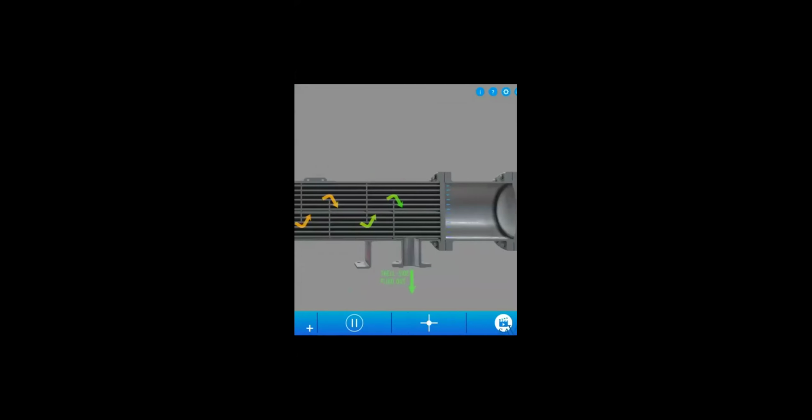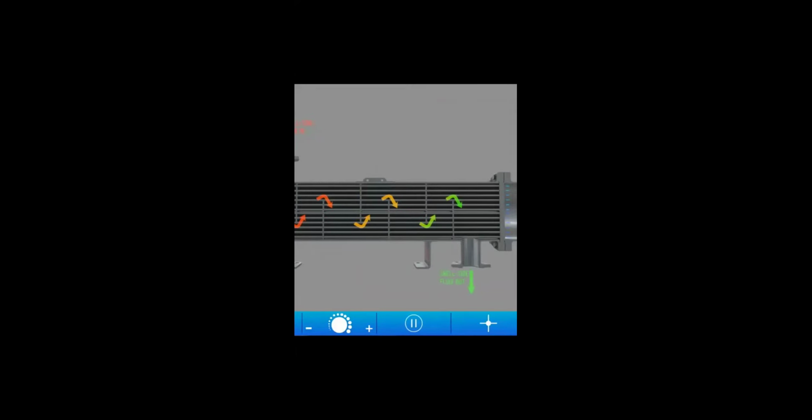You see the baffles here, this small half round plate, no?